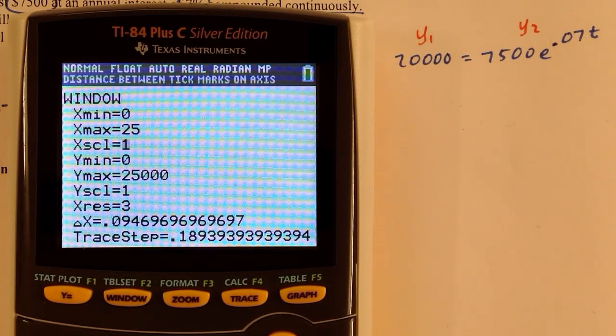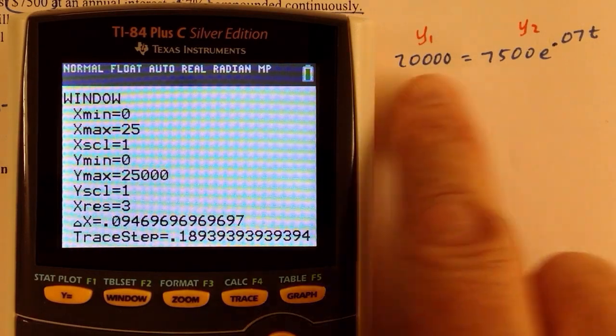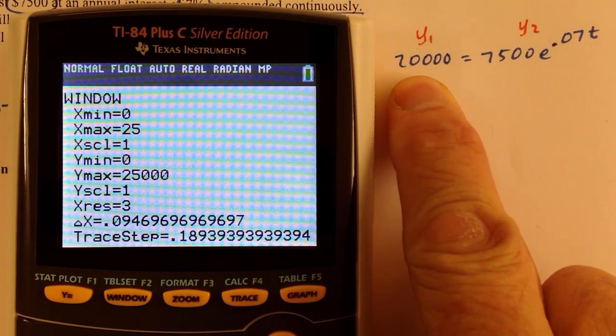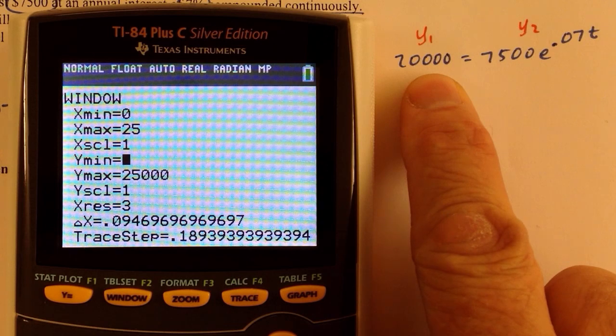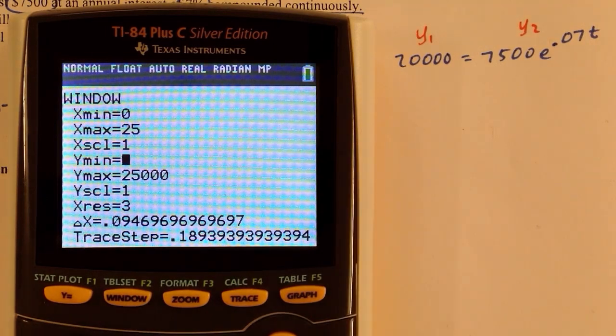It's okay to estimate a little high on the time, but then now we have to estimate, well, what's our Y min? Well, you can see here that we need the Y's to be high enough to see that 20,000, and so let your Y min be 0.